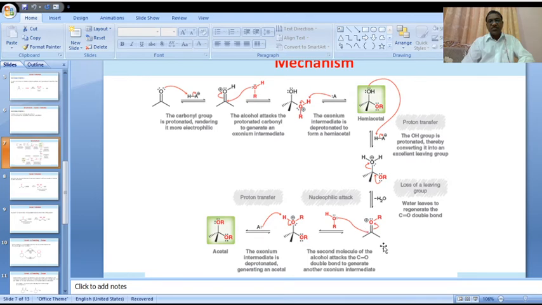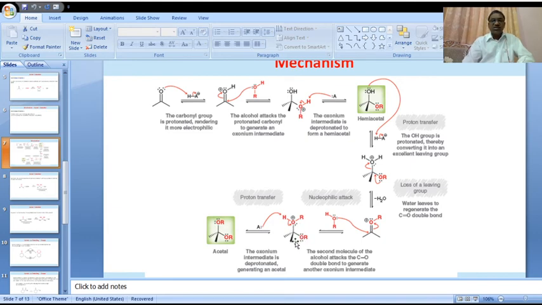Here also it is the same: after the protonated carbonyl, the alkylated carbonyl reacts with another mole of alcohol to form an oxonium intermediate.